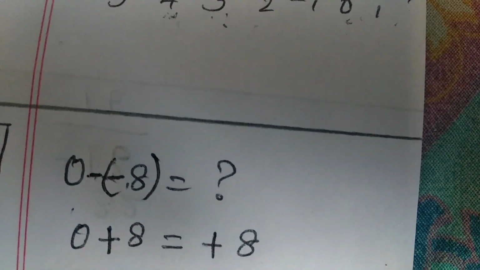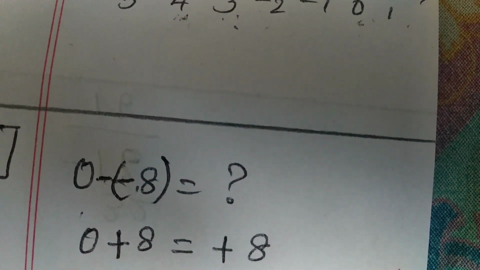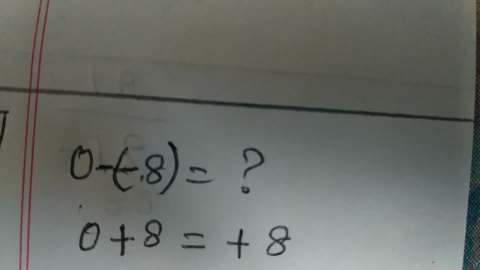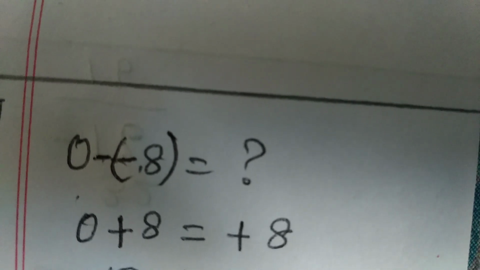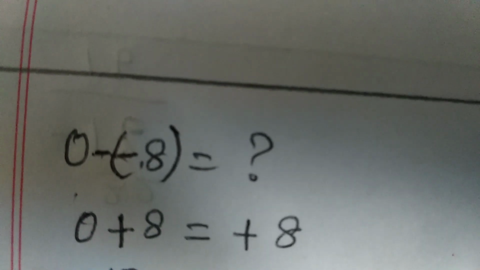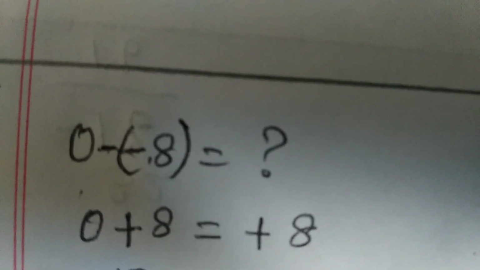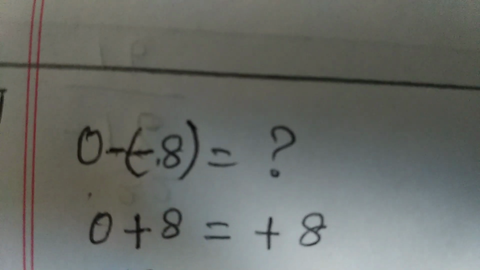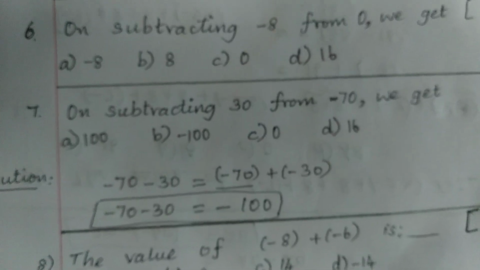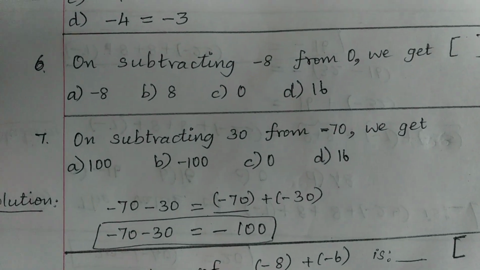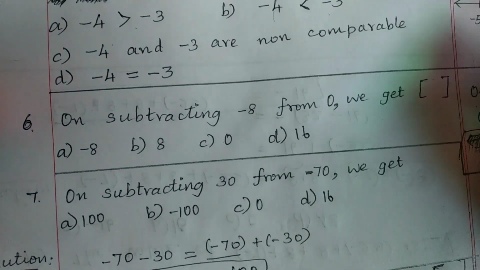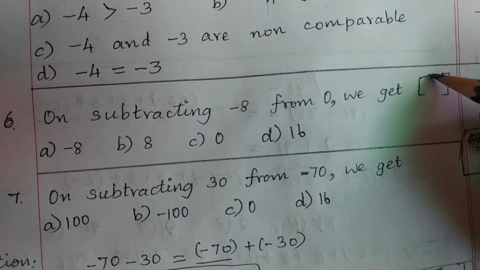See here. 0 minus of minus 8 is equal to what? It means the negative value of minus 8. The negative value of minus 8 is nothing but plus 8. So 0 plus 8 is equal to plus 8. So the answer is plus 8. It is in option B. So let us write B.